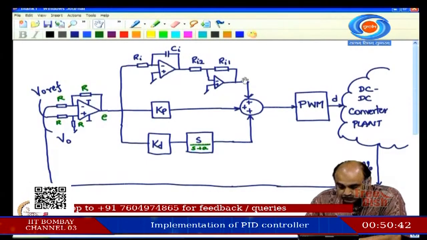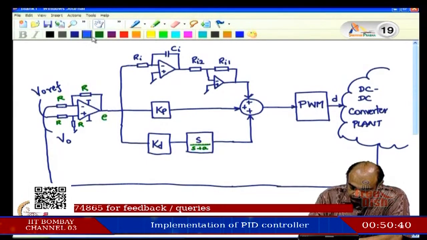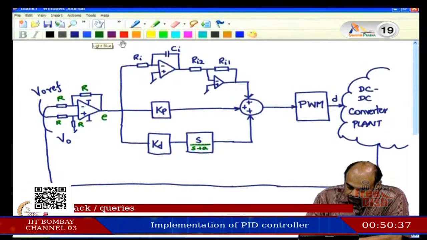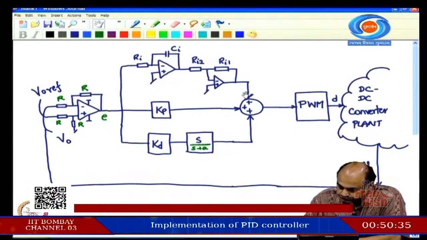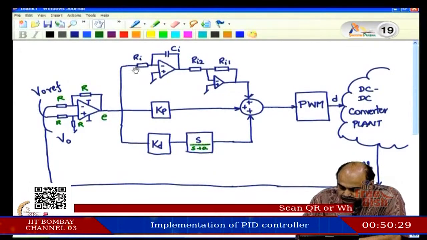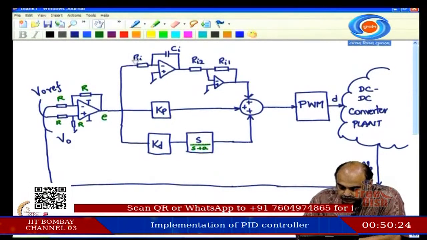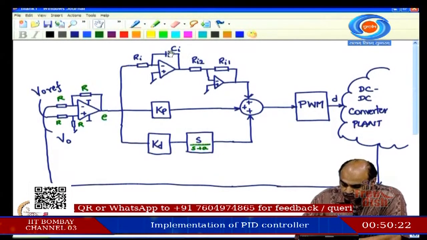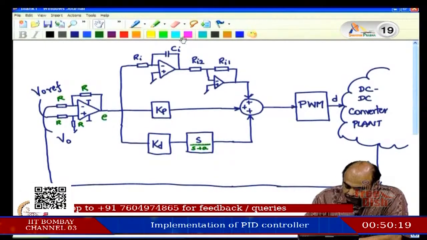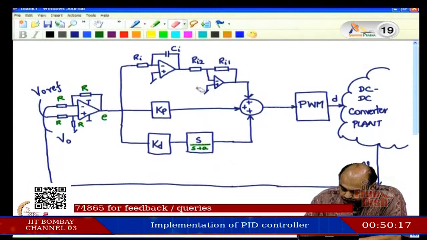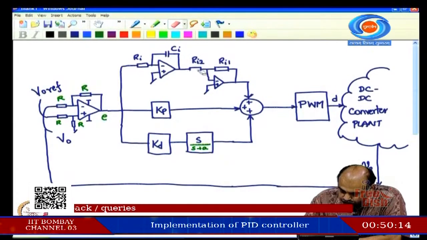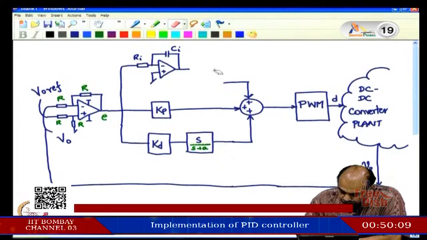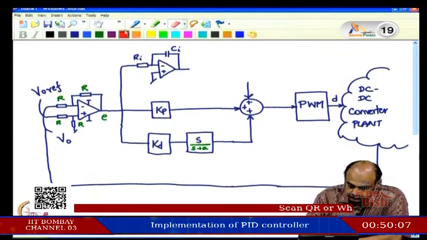So, from here to here there is no inversion. Or you could remove this stage and just set the integrator gain by choosing properly the value of this and this. So, let us probably make things simpler. For now, let me remove this stage, one step of reduction.